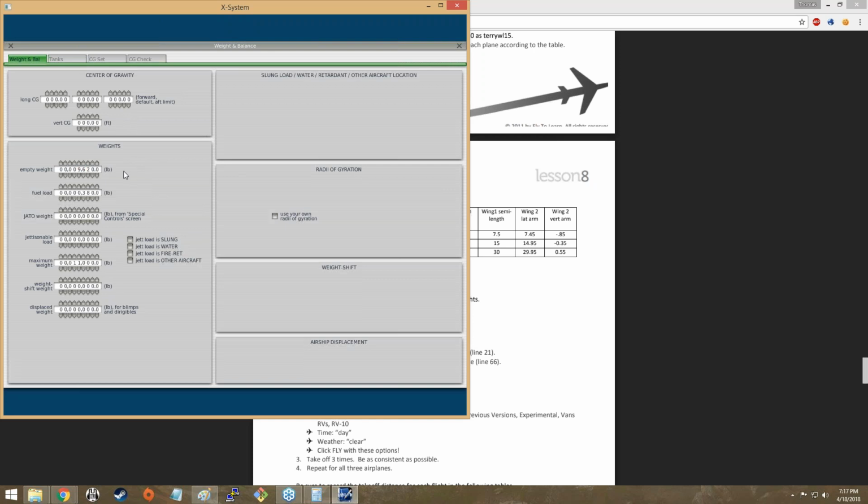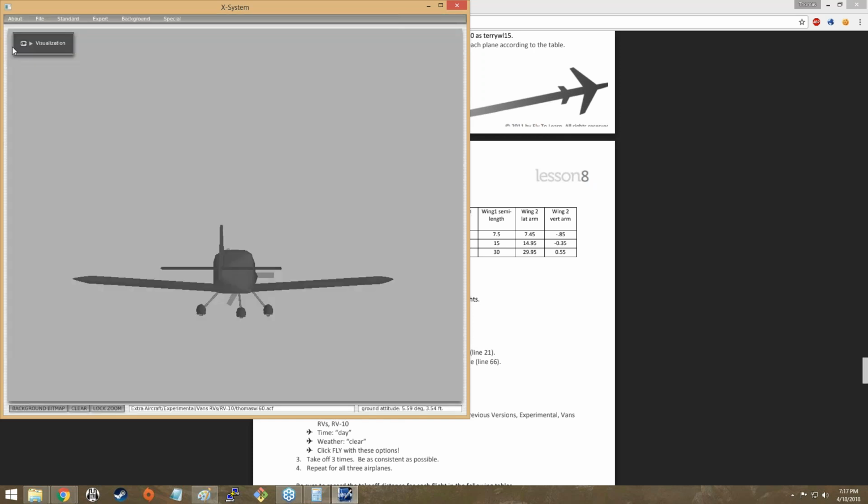So you'll change the weight of the 60-foot plane to 9,620 pounds with a maximum weight of 11,000 pounds. I realize it's a little strange, but it's to better illustrate the wing loading ratio.